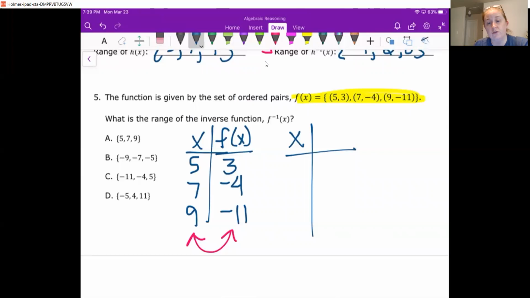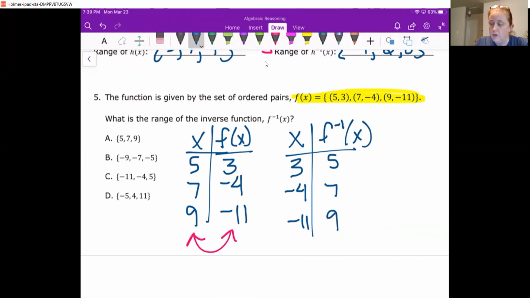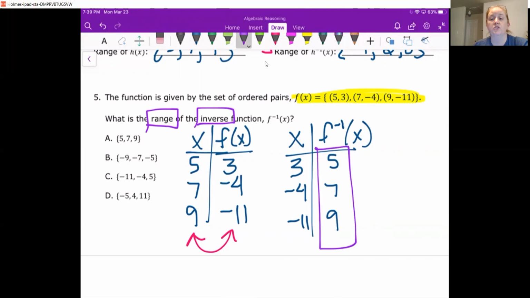So my inverse x's will be the 3, -4, -11. And then I need my f inverse values for the y, which is a 5, 7, and a 9. So what I'm looking for in the answer, again, what is the range of the inverse? Which is the 5, 7, 9, which makes up letter A.